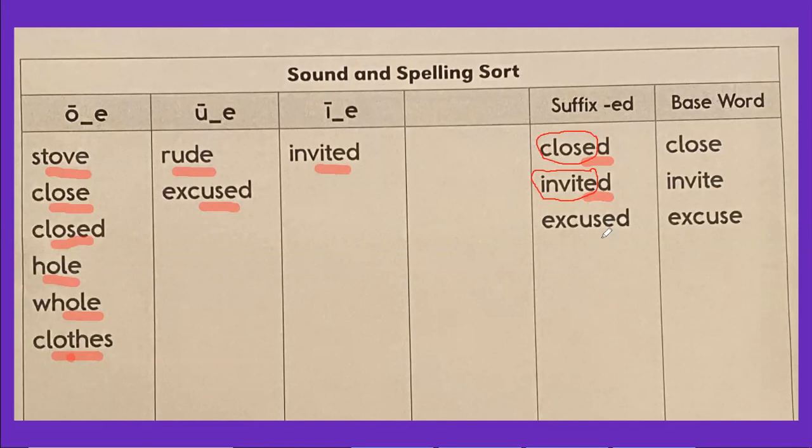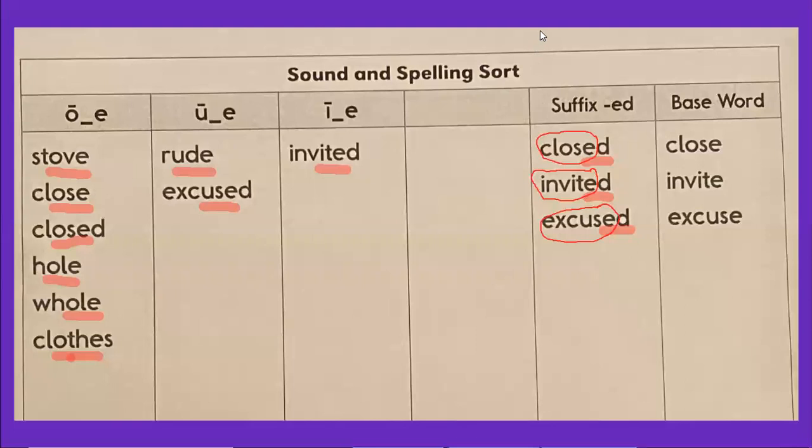We did use these words on the other side, but they can go in more than one column. So ed is at the end, and the base word for excused is excuse. So that would go under the base word column, excuse. I hope going over the answers helped you understand the magic E patterns that you should have been looking for.